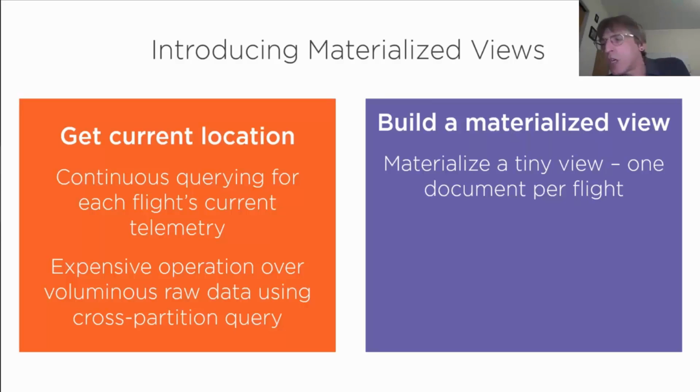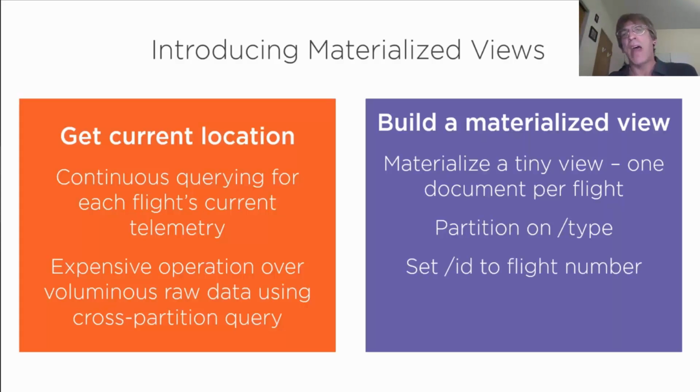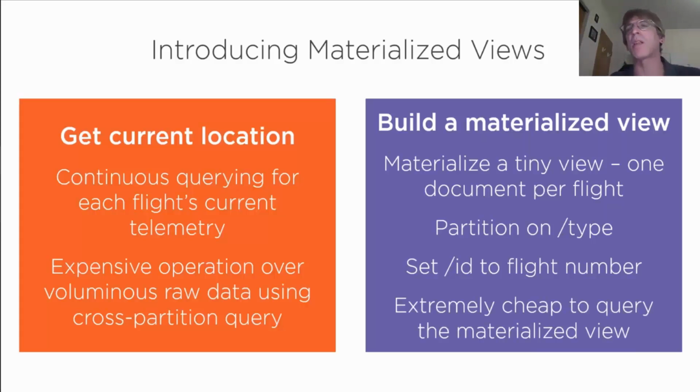We're just preserving the current one that we care about and leaving all the other ones out. And it's going to be a small number. So we can partition on the type property, which is set to location, and all the current flight information for all the planes can be in one logical partition. And that ID that's a GUID, well, we'll just set it to the flight number. So we'll know the flight number, we'll be able to do point reads, and the result is going to be extremely cheap.